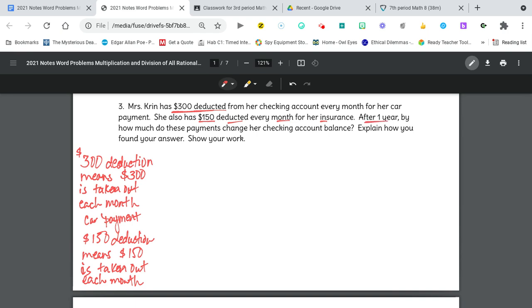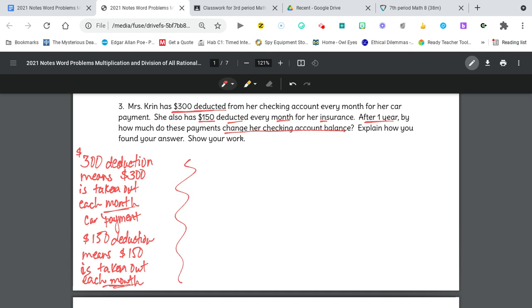So after a year, well, this is each month and this is each month. So it's after a year. About how much do these payments change your checking account balance? Well, I got months and this is after a year.